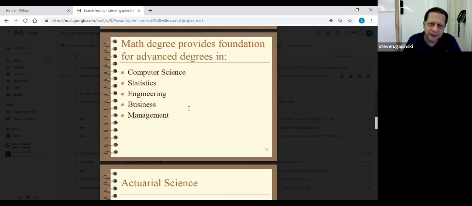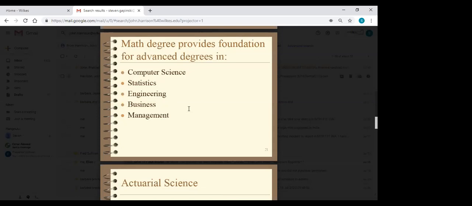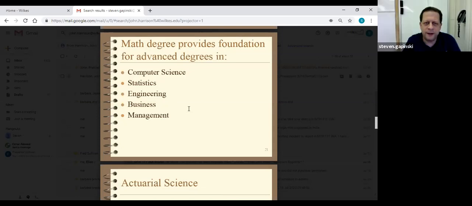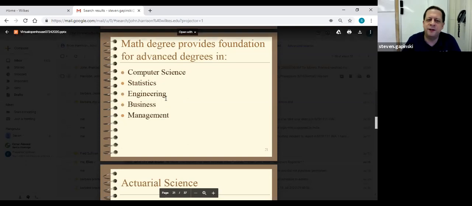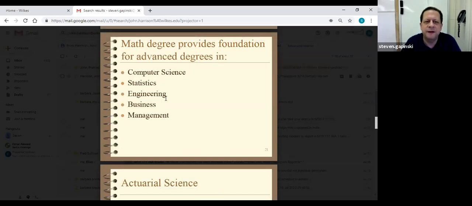Now, granted, he did work on minoring in, I believe it was biochemistry. I also know we had a faculty member here, it's been a little while now, but he started out with a bachelor's degree in math and ended up getting a PhD in environmental engineering.